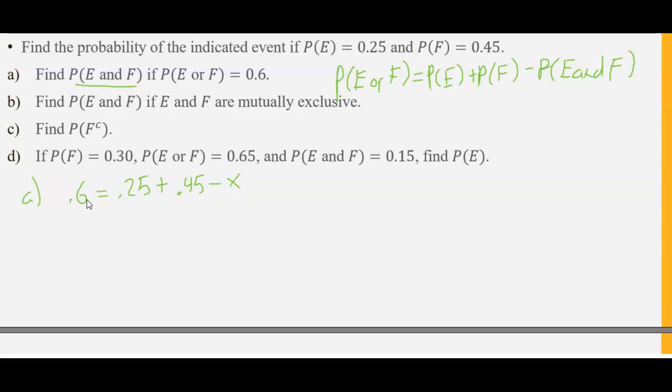So then it's basically an algebraic equation. We have to get X by itself. So I'm going to add 0.25 and 0.45 together, so I get 0.6 is equal to 0.7 minus X. I'm going to bring 0.7 over by subtracting 0.7 from both sides.